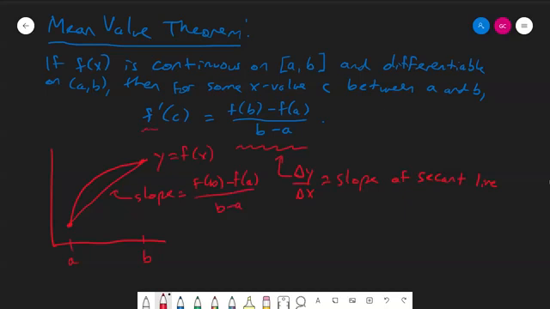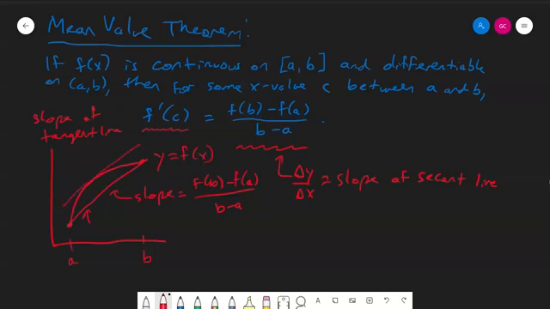Now we know that f prime tells you about the slopes of tangent lines. So this is the slope of a tangent line at some x value c. And so what the mean value theorem is saying is that there must be some x value c where the slope of that tangent line is equal to the slope of this secant line that I drew right here. And to say that two lines have the same slope is to say that they are parallel lines.